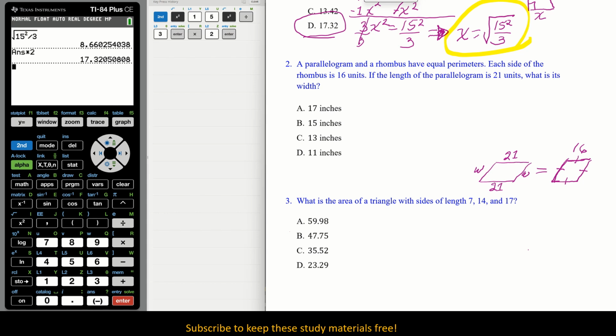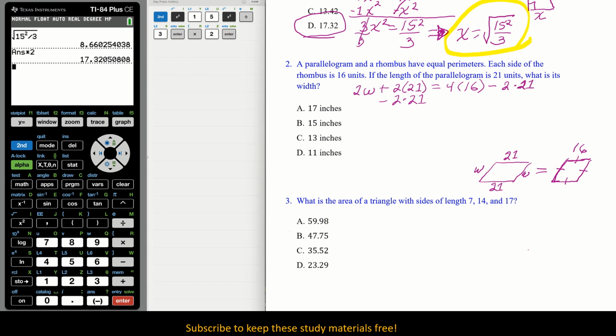So let's write that out. What do we really have? We just have an algebraic situation. So we have 2w plus 2 21s equals 4 16s. Okay, so now I will subtract 2 times 21 from both sides.